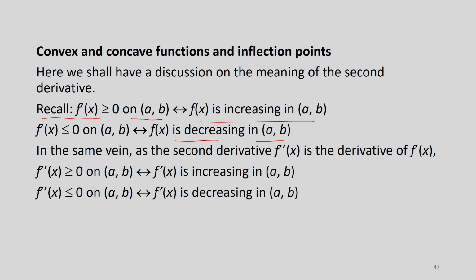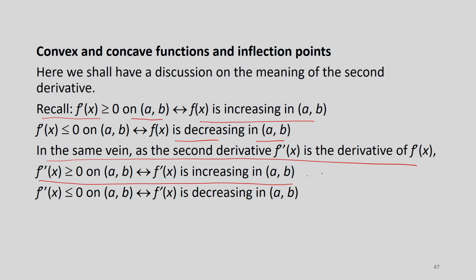Now, you can take f of x to be f dash of x, and similarly you can say the following, that f double dash of x greater than or equal to 0 on a to b is equivalent to f dash of x is increasing in a to b, right.